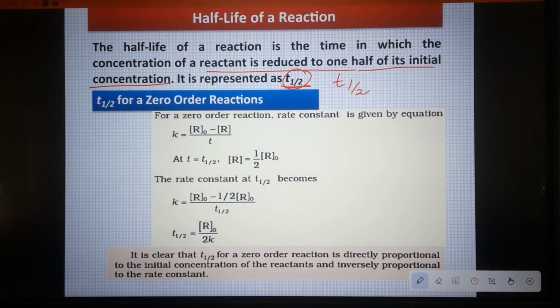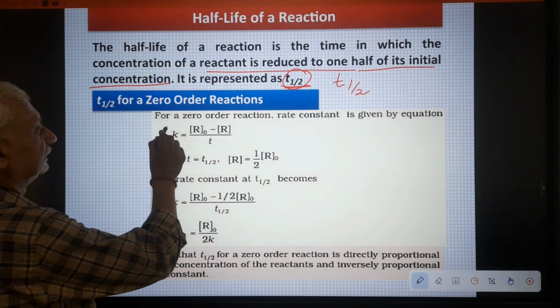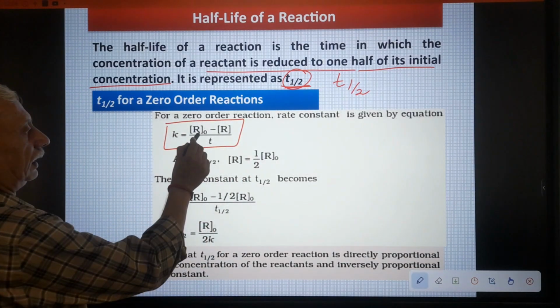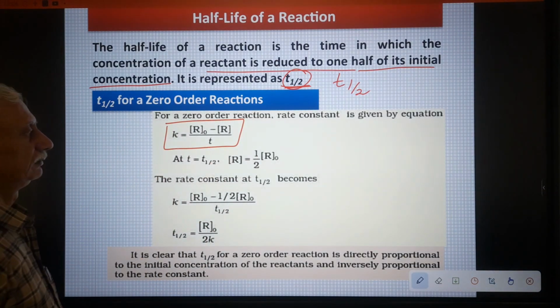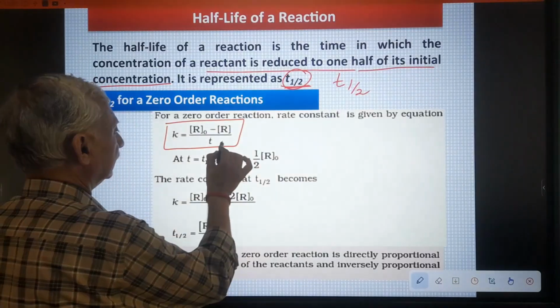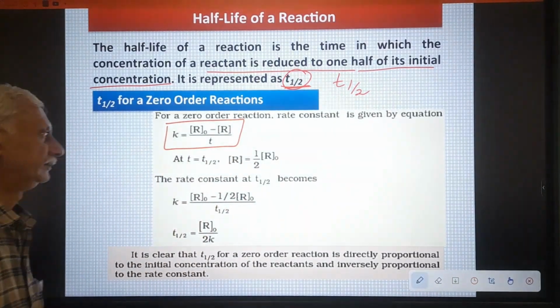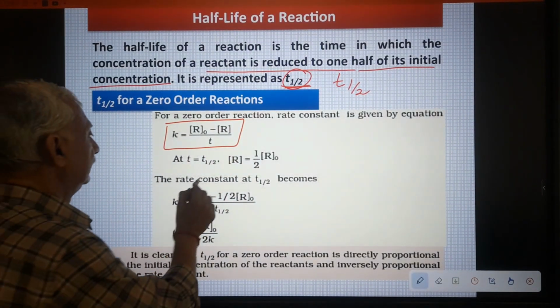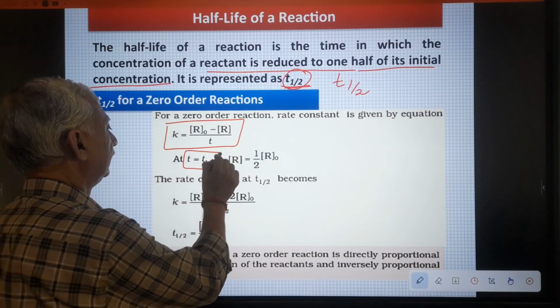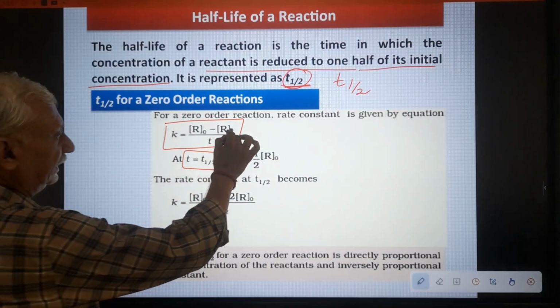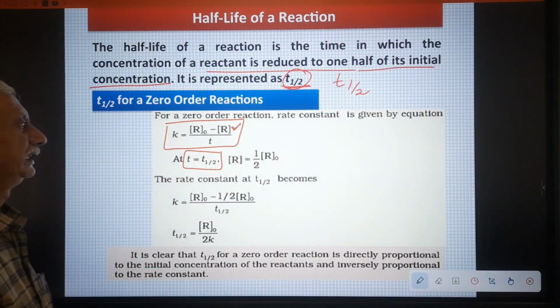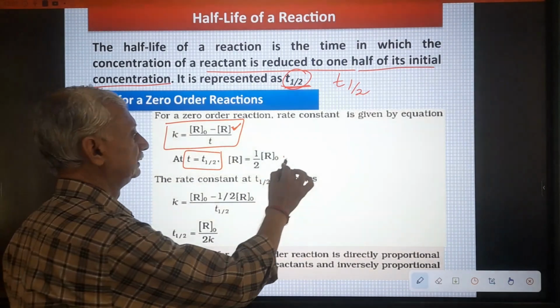And for a zero order reaction, we derive this relation: K is equal to R naught, the initial concentration of the reactant, minus R, the concentration of the reactant after time t, divided by t. If we take T half in place of time, then the concentration of the reactant will be half of the initial concentration of the reactant.